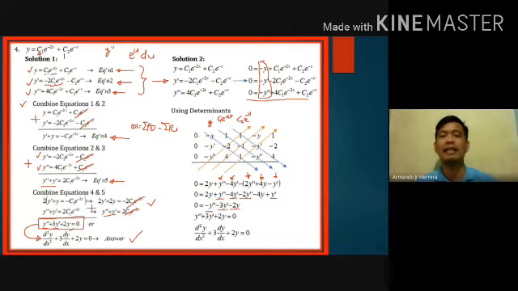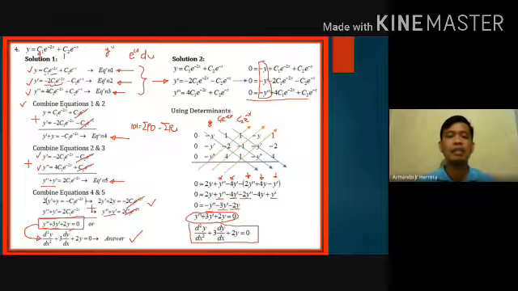So, i-transpose lang natin siya lahat sa left side of the equation, magiging y double prime plus 3y prime plus 2y is equal to 0. Or, second derivative of y with respect to x plus 3 first derivative of y with respect to x plus 2y is equal to 0. So, the same lang naman ang makukuha natin. So, kung saan ka mas madadalian, doon mo gamitin ang process of solution.